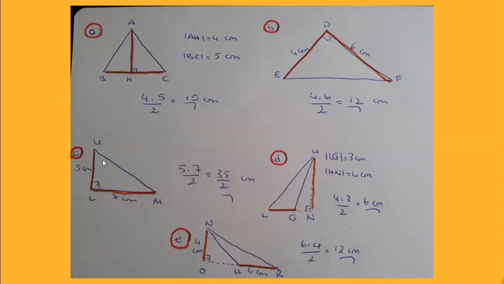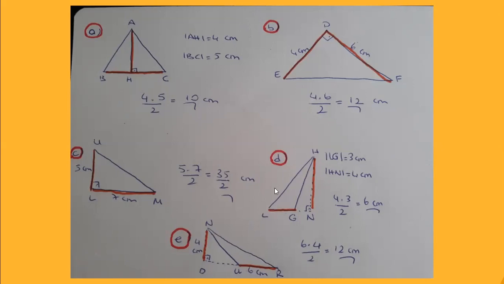Okay? Now, for this triangle, side and the height are again clear, and this is a right angle triangle. And this 5 times 7 over 2 is equal to 35 over 2 centimeters. Okay? Now, for D and E, be careful.